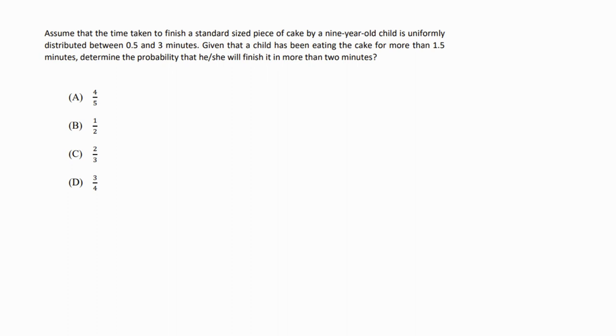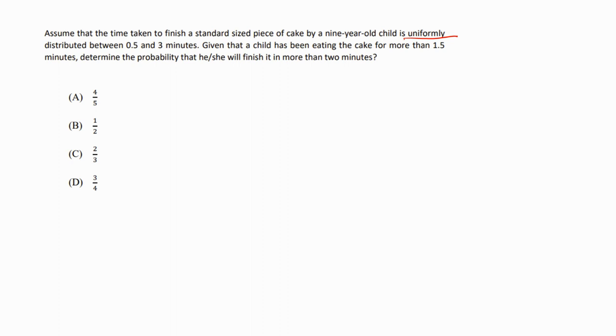What is given here is that assume that the time taken to finish a standard sized piece of cake by a 9-year-old child is uniformly distributed between 0.5 to 3 minutes. So it is again given uniformly, and it is continuous, okay?